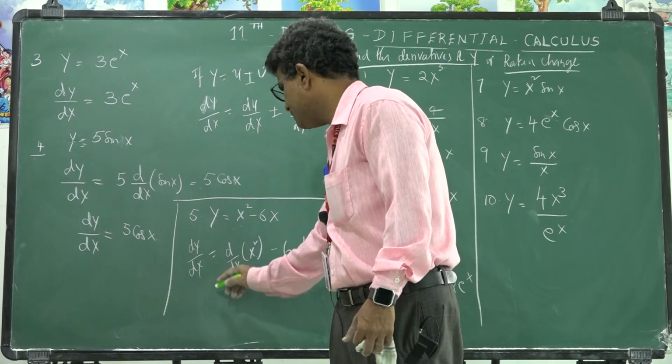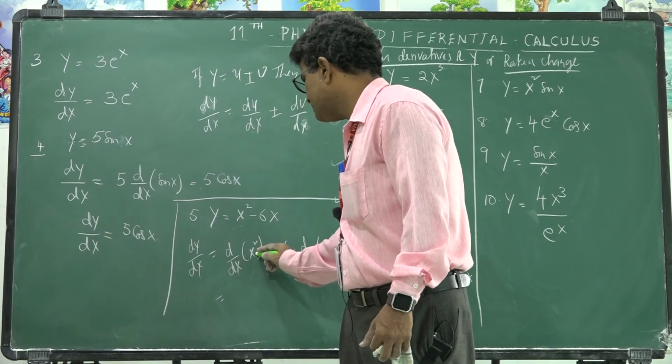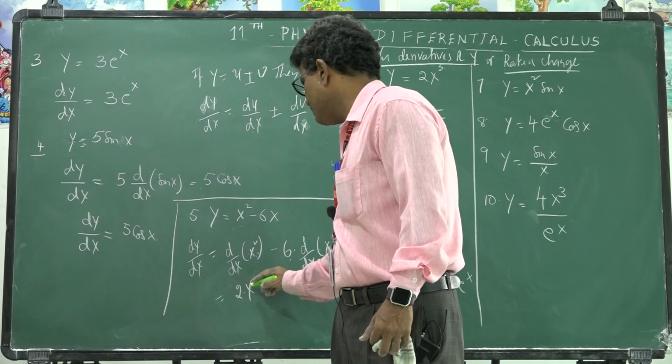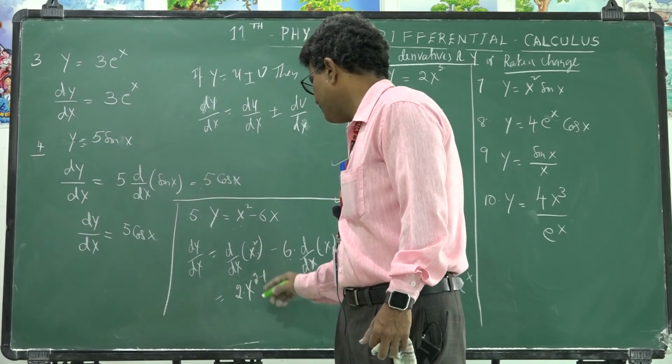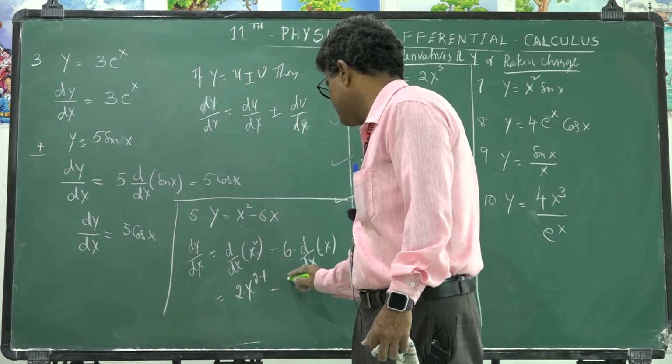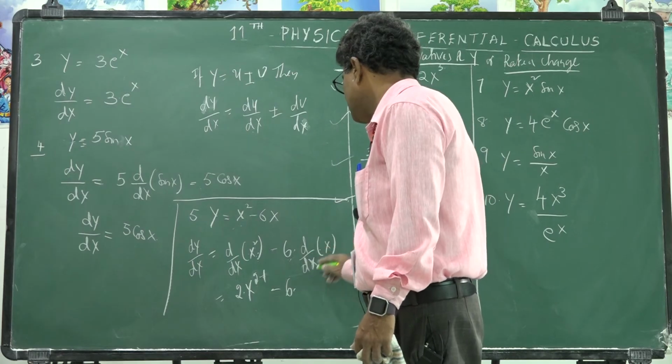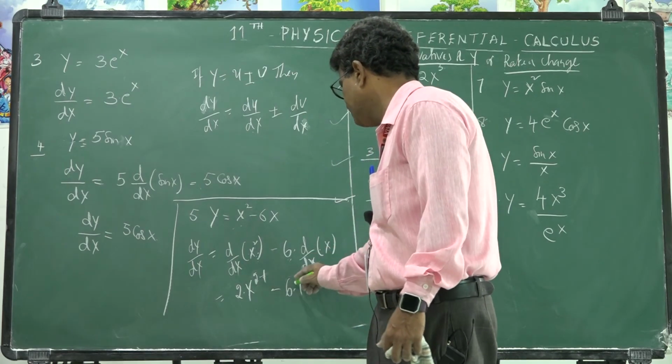So what will I get? d by dx of x square is again the x to the power n formula. So 2 into x to the power 2 minus 1, that is 1. 6, d by dx of x is 1. So 6 into 1.